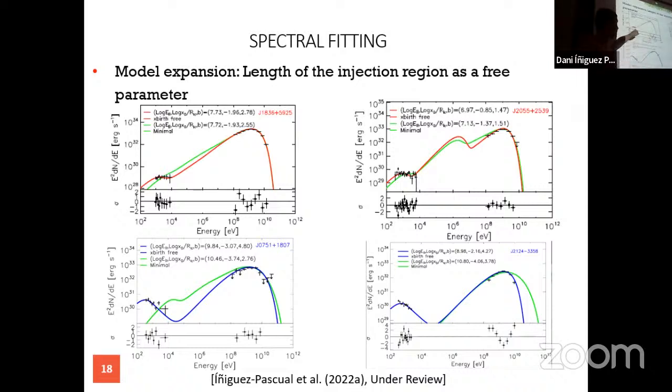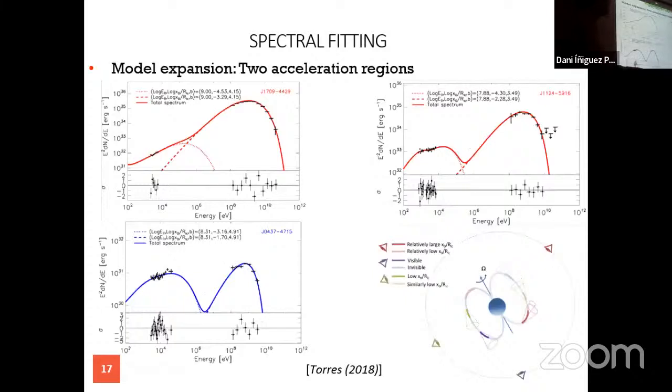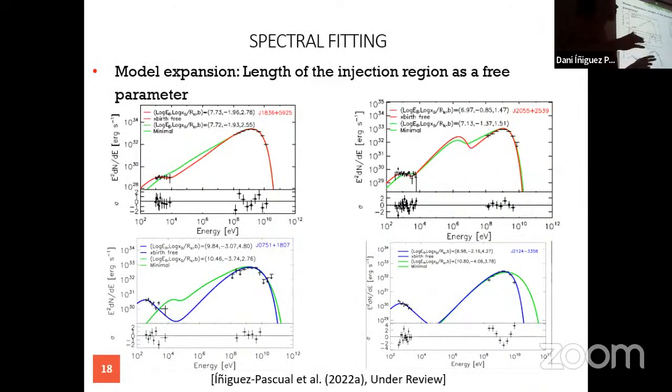Here the green lines indicate the spectra produced by the minimal model, and the red and blue are the model in which the injection region is left free. Some of the pulsars were well fitted, but not all of them. So if we were to choose an expansion of the model, we would rather choose the one with 2 acceleration regions instead of the one in which the length of the region is left free.